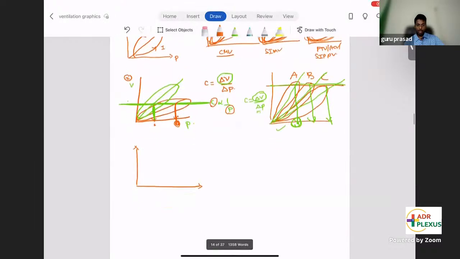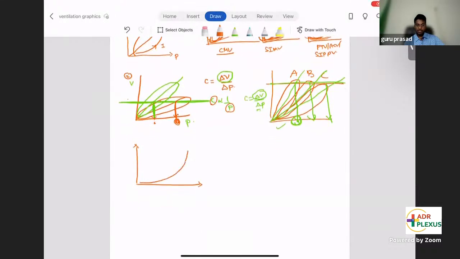Apart from that, what are the things that we can generate from this volume pressure curve? This is also called work of breathing. This is how the ventilator will detect your work of breathing. Let us assume this is A, B, C, D, and this is E. Just remember, ABCA will tell you the inspiratory resistance, the resistive work that is done during inspiration.